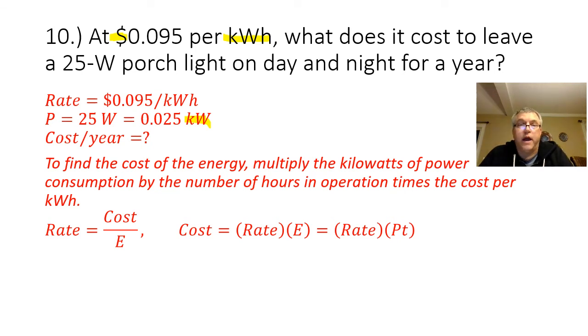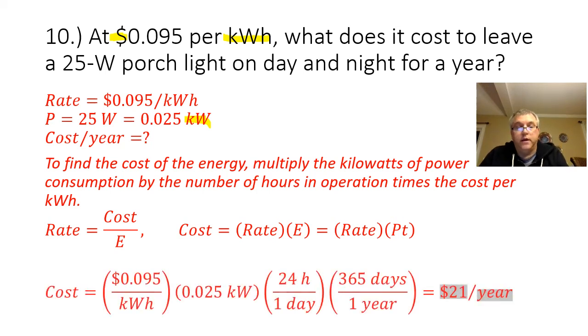And I know that energy is equal to power times time. So the cost is going to equal the rate times the power times the time. So my rate is in dollars per kilowatt hour. So I'm going to multiply that by the power consumption of the light bulb in kilowatts. So 9.5 cents per kilowatt hour times 0.025 kilowatts.